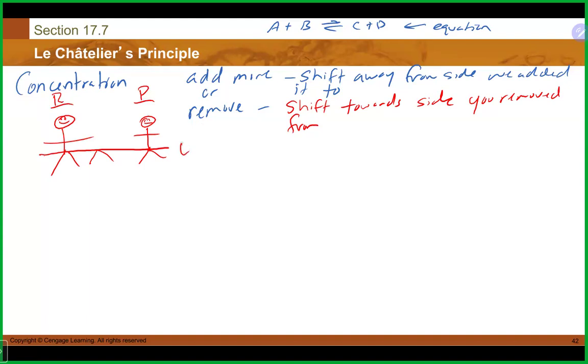And at this point, we're at equilibrium. Nice and happy. We're going back and forth. Everybody's at equilibrium. And let's just say in this particular case, we decided we're going to add somebody to the right-hand side. And if we add somebody to the right-hand side, this is what's going to occur. We're going to end up with this situation here.